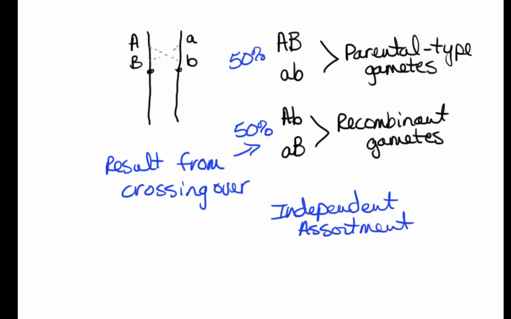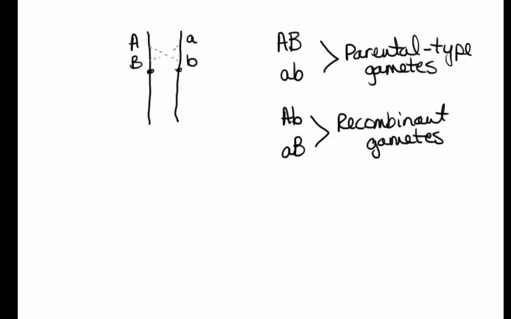So suppose that meiosis occurred and we got 80% of the parental type gametes and only 20% of the recombinant gametes. This would indicate to us that we are dealing with linked genes.